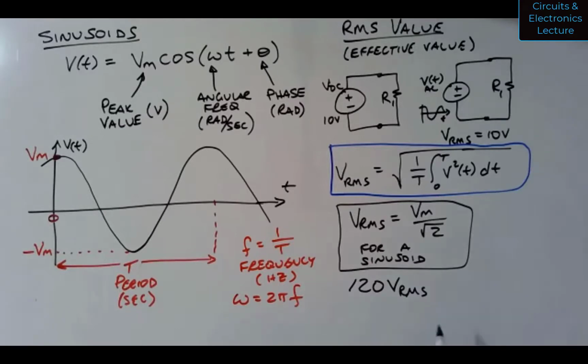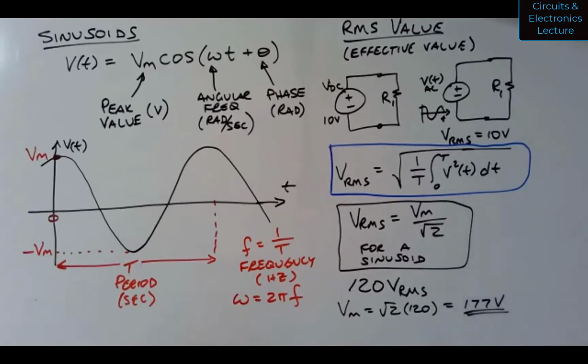And so what that means is that if you were to take an oscilloscope, I recommend not doing this, and plug it into the wall, again, I recommend not doing this, you would see that the peak value of the sinusoid, V sub m, is actually root 2 times 120, and that's 177 volts.